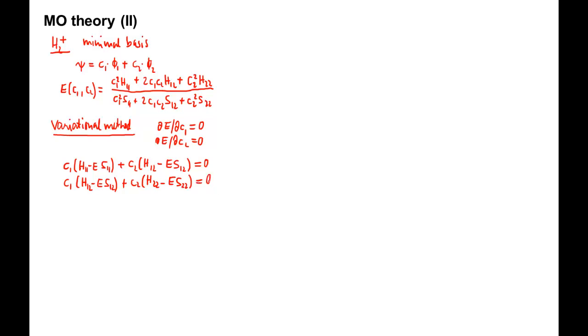This is the second equation. This is a system of linear equations in C1 and C2. We can clearly solve it by setting both C1 and C2 to 0, but that's a useless solution. Non-zero solutions for the coefficients exist only if the so-called secular determinant is 0.